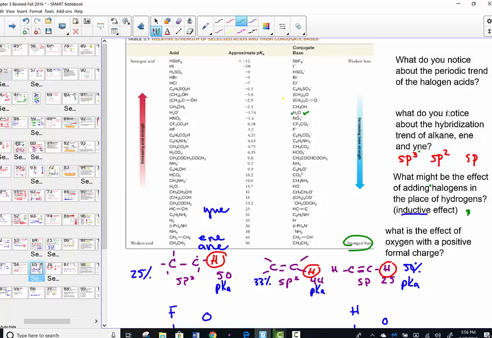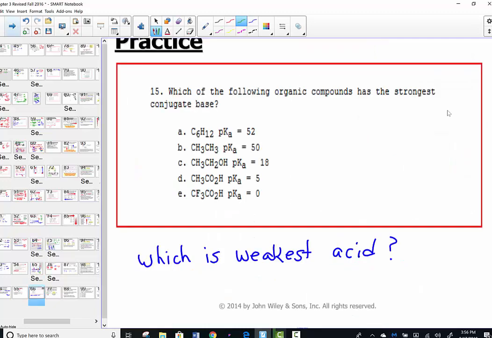Here's water, its conjugate acid, H3O+. Here's methanol, its conjugate acid, CH3OH2+. Methanol was the stronger base. The protonated methanol is the weaker acid.